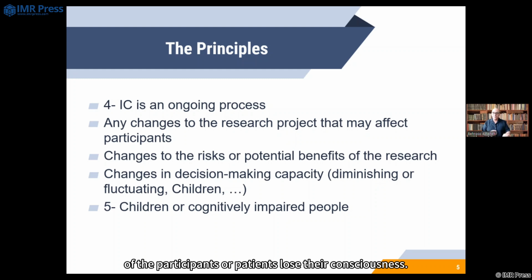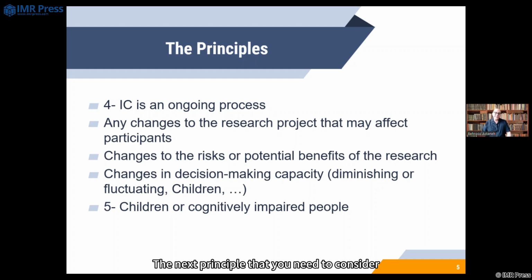Some of the participants or patients lose their consciousness. So you need to approach the next of kin or the parents of the children, and ask them for confirming that they are happy to continue to the study.